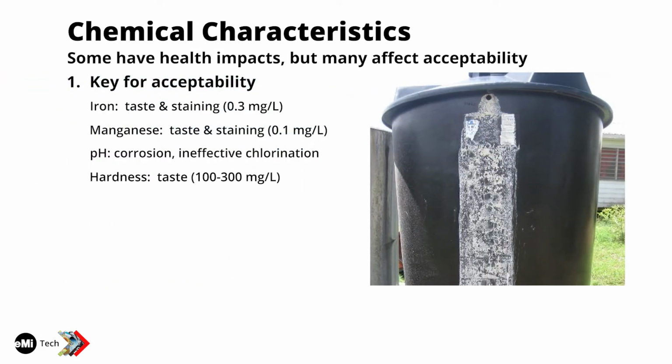Hardness describes just the amount of calcium and magnesium ions that are in the water. It can lead to taste problems at high concentrations, and also it can lead to scaling, as you see in the picture on the slide. The white is where water has discharged and left residue from the high hardness of the water.